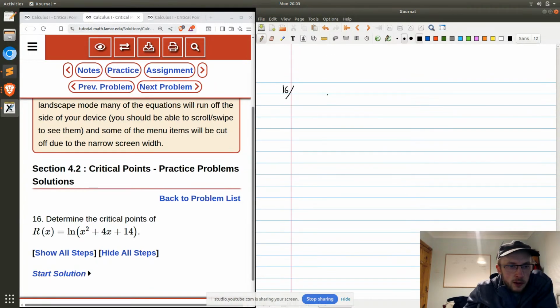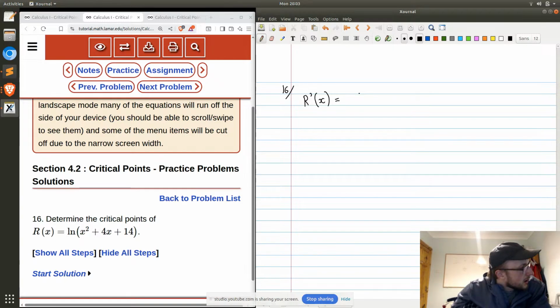Determine the critical points of r of x where r of x is equal to the natural logarithm of x squared plus 4x plus 14. Finding r prime of x. The derivative of ln of f of x is f prime of x over f of x, is it not?